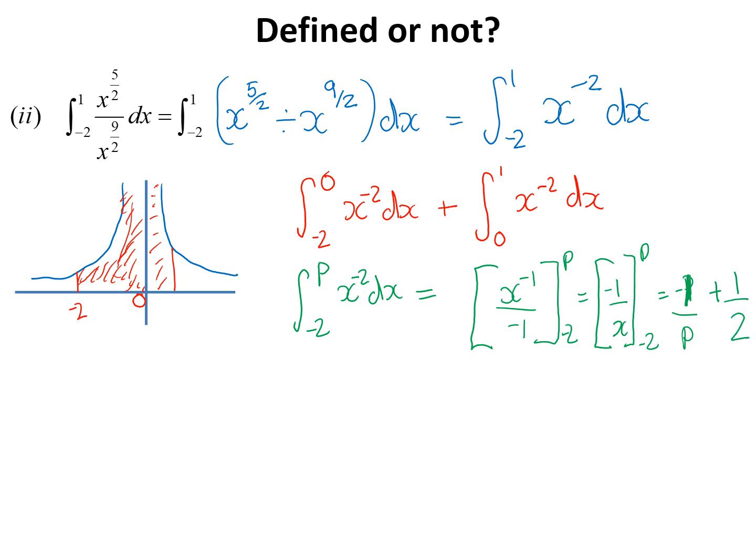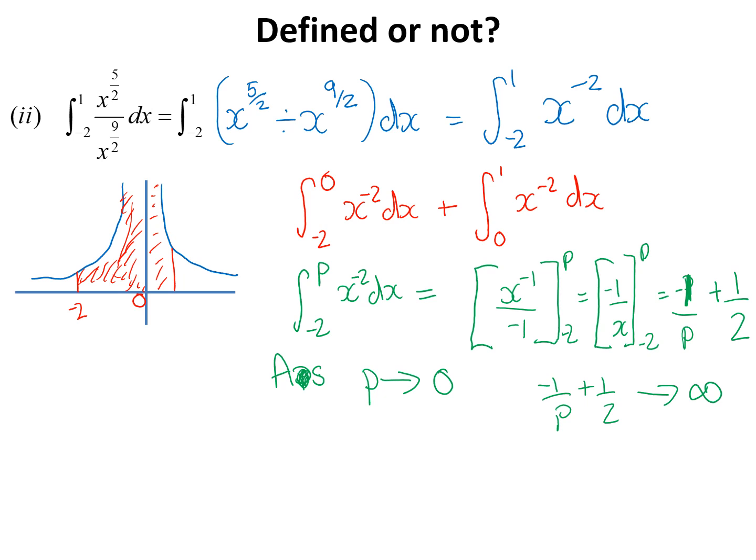Now as p tends to 0 here, what's that say? As p tends to 0, this thing tends to infinity, because you can't go dividing by 0. It'll be many, many, many.